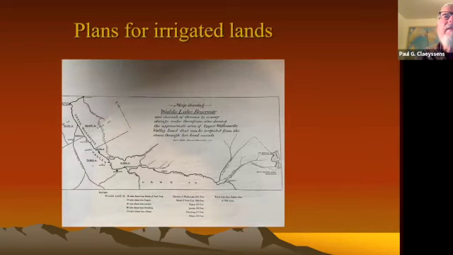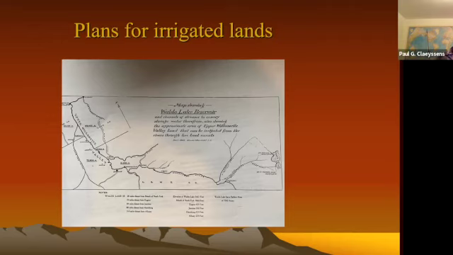So here's a schematic of the Waldo Lake reservoir, which you can see on the far right of the slide, and then potential irrigated farmlands in Lane County in the Upper Willamette Valley. And for those of you who live in the Willamette Valley, you'll know that despite the wet weather, summers are dry.